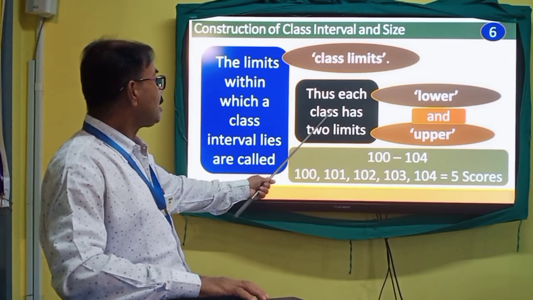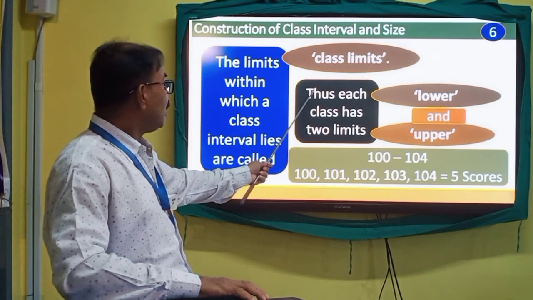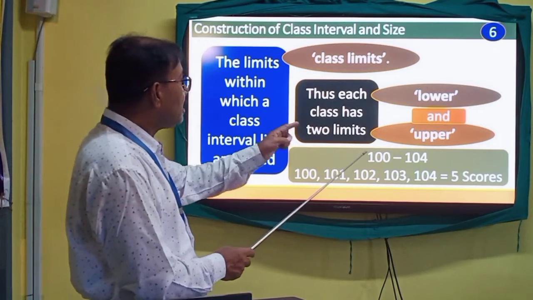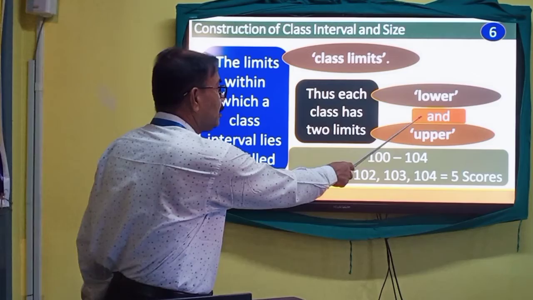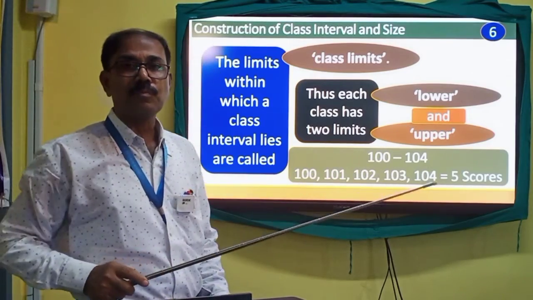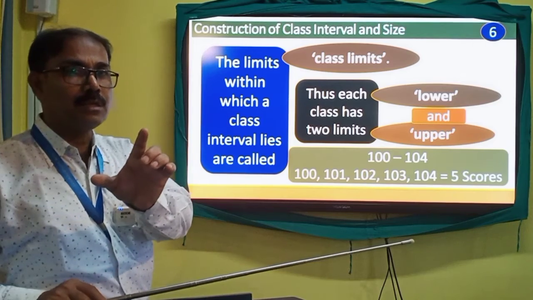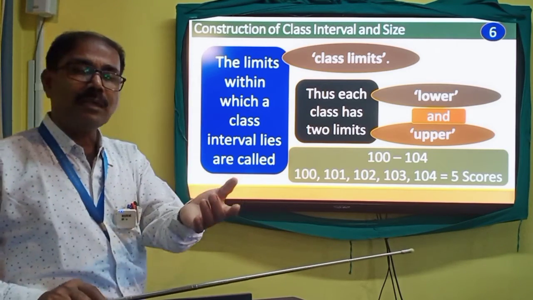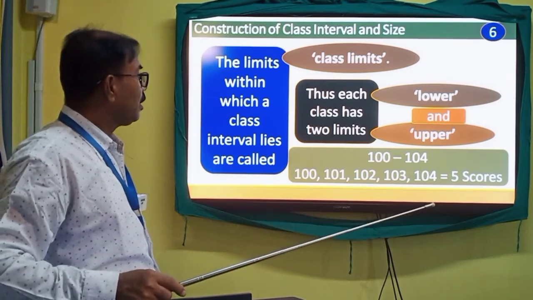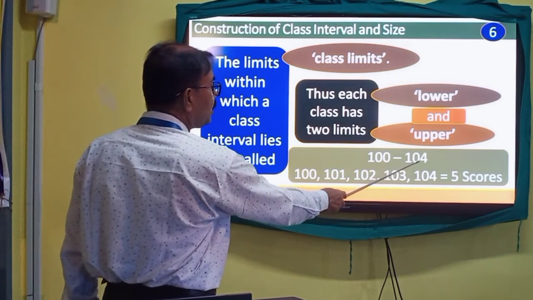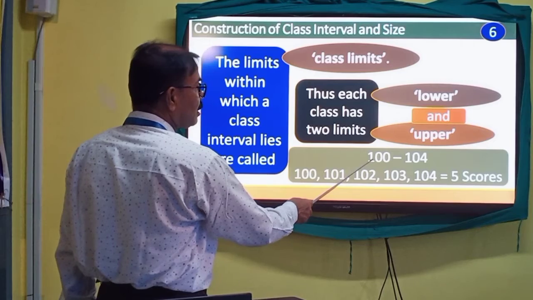A class has two limits, the lower limit and the upper limit. We find two limits in a class interval. One is the lower limit, another is the upper limit. Now here you see 100 to 104. This is the upper limit and this is the lower limit.